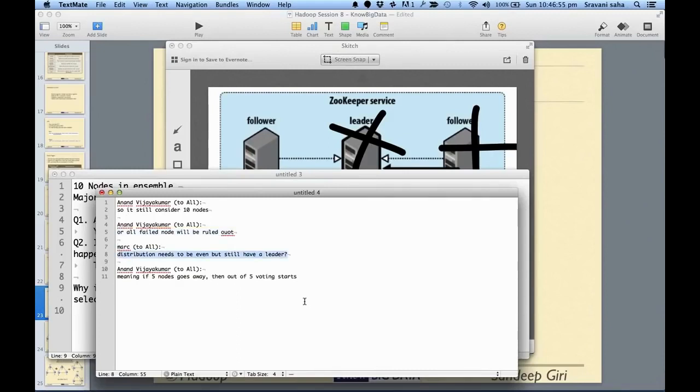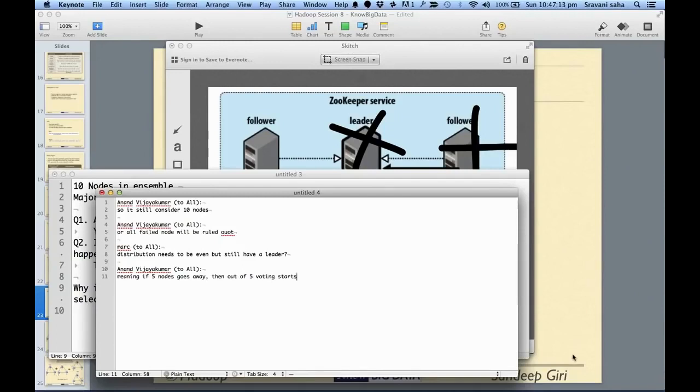Okay, distribution needs to be even but still have a leader, meaning if 5 nodes go away, then out of 5 voting starts, which is again 100%, at most 4 leaders in the cluster.